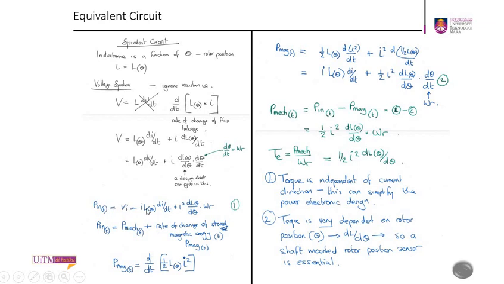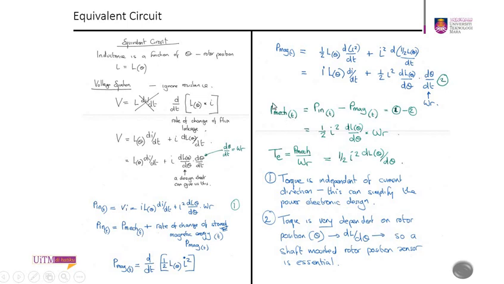And also P is equivalent to P mechanical plus the rate of change of the stored magnetic energy, or we call it P mech, and P mech is d over dt of half times L times I to the power of 2, and we will get this equation, P mech.